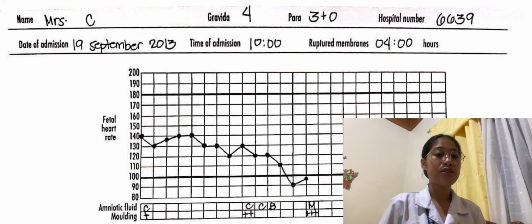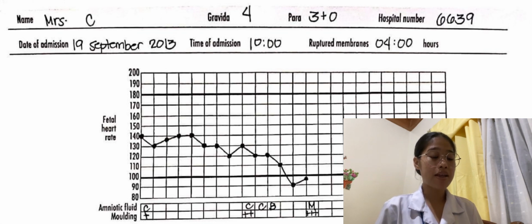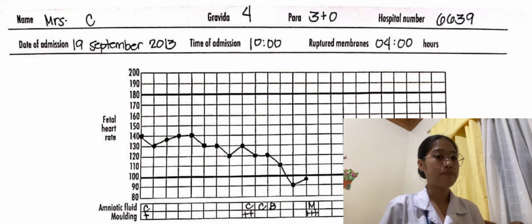And as you can see in here, we have an evidence that the baby has a meconium stain, and we need to expect that the baby has a meconium aspiration.